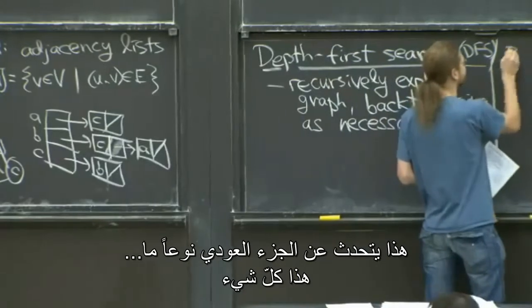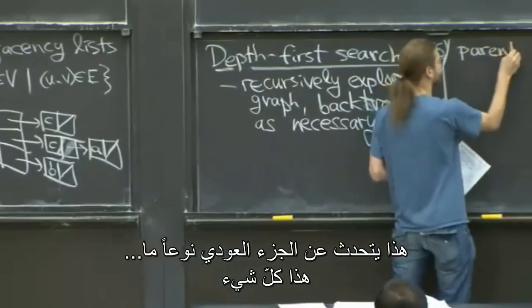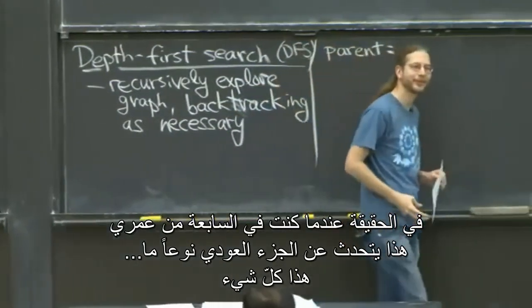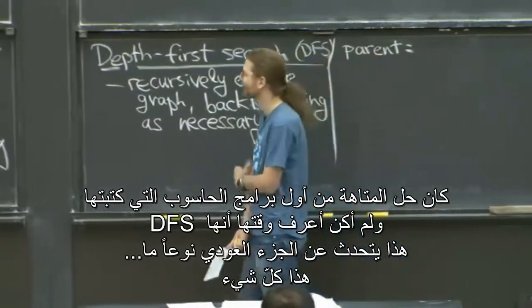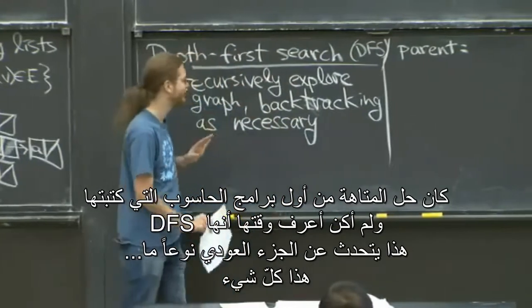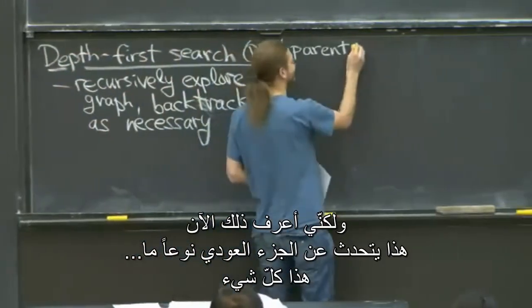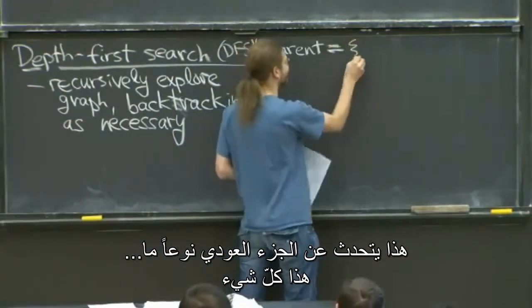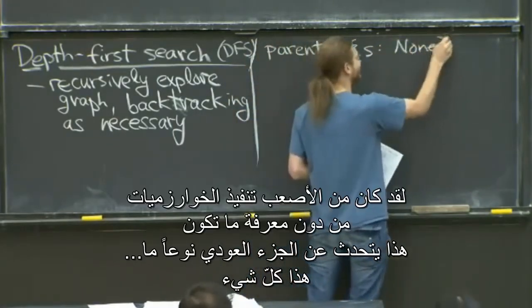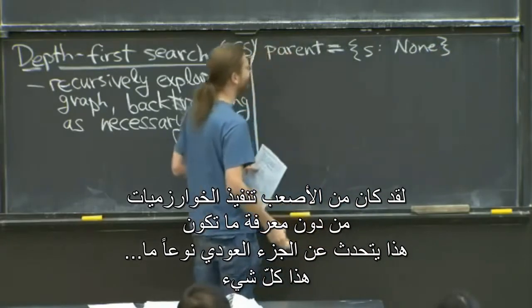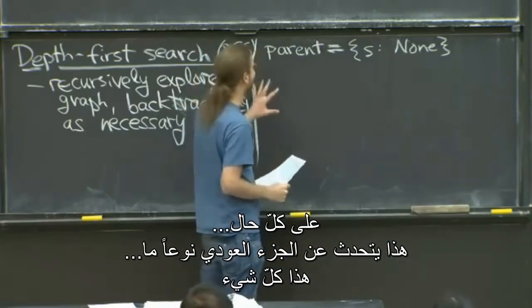In fact, when I was 7 years old, one of the first computer programs I wrote was for solving a maze. I didn't know it was depth first search at the time, but now I know. I know better.